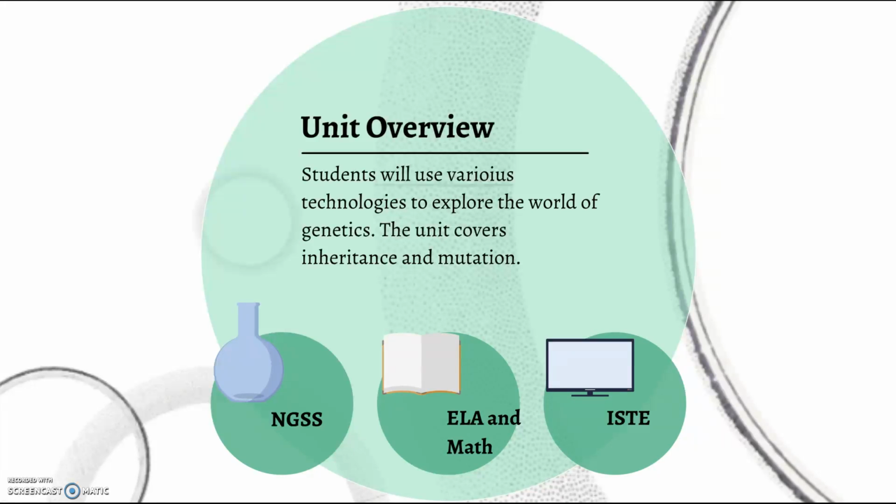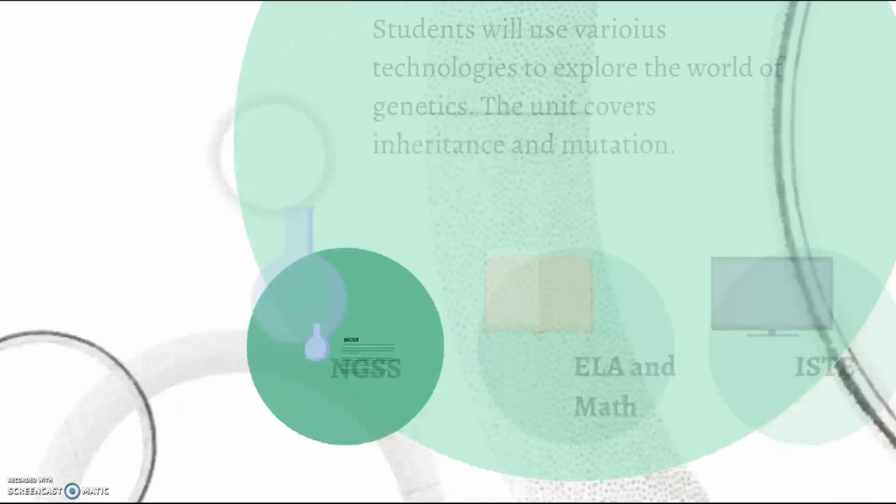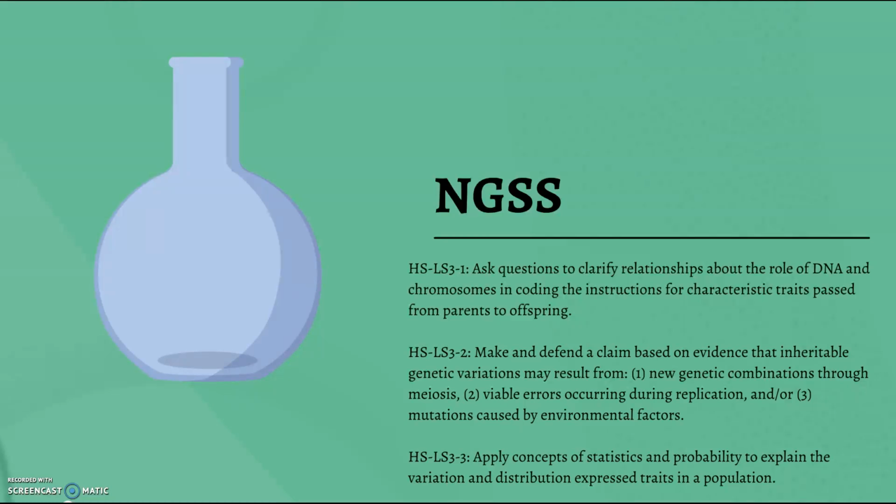The unit was built around the Next Generation Science Standards for high school life science. These standards have students ask questions to clarify relationships about the role of DNA and chromosomes in coding the instructions for characteristic traits passed from parent to offspring.